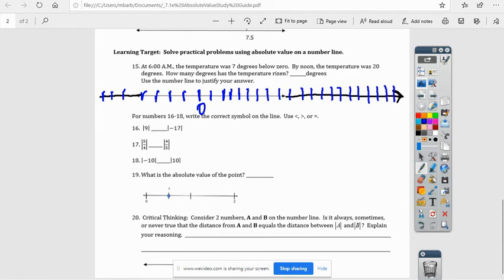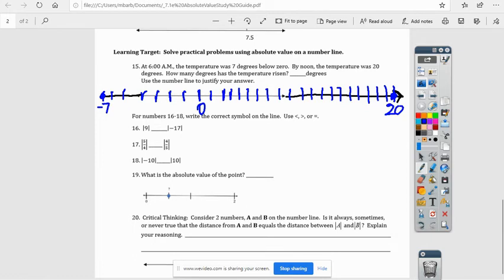All right. So my first is -7, so that's all over here. So I'm going to make a dot there. That's where we started. And then by noon, the temperature was at 20 degrees, and that's all the way on the right side. Right, so I'm going to put -7 just for reference and 20 for my references.